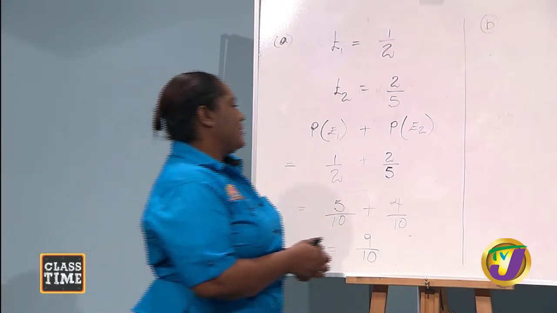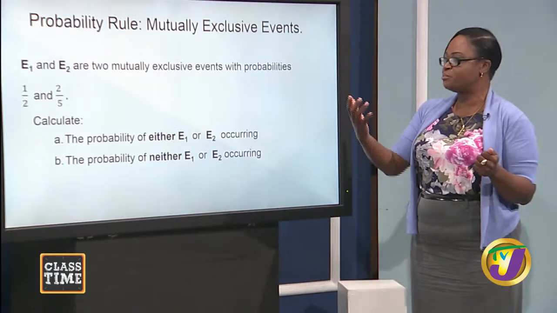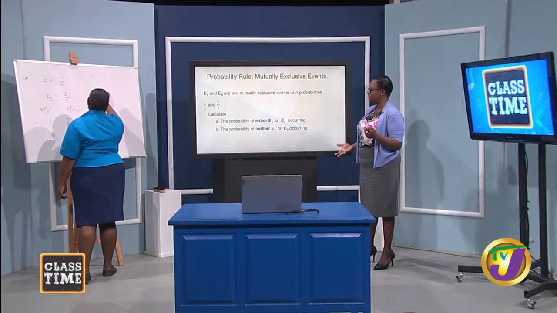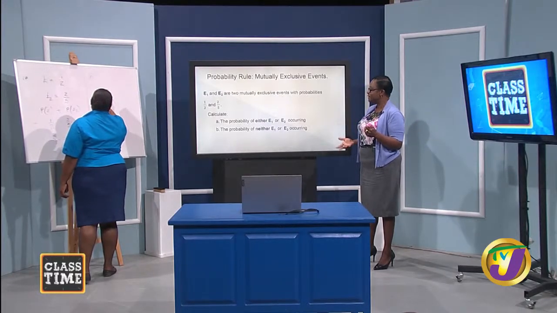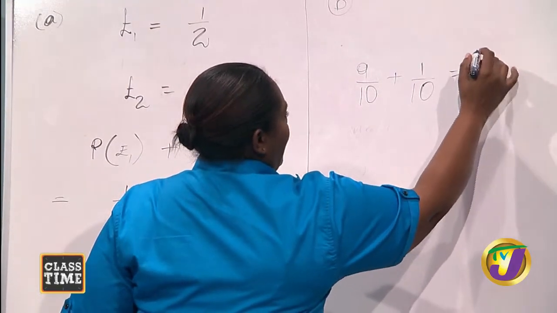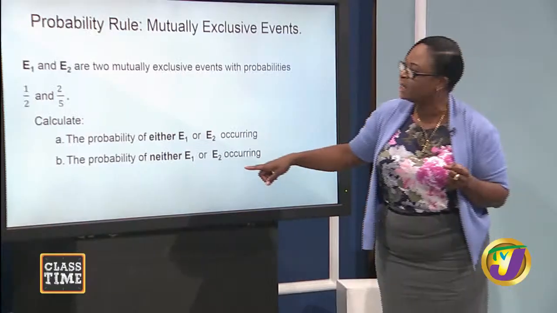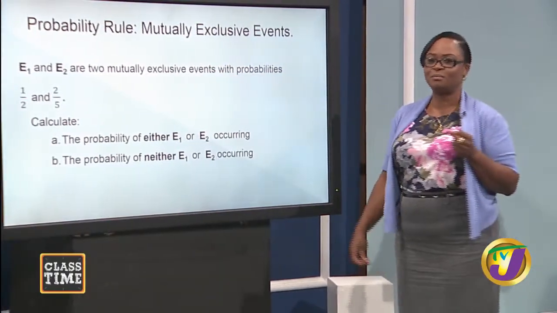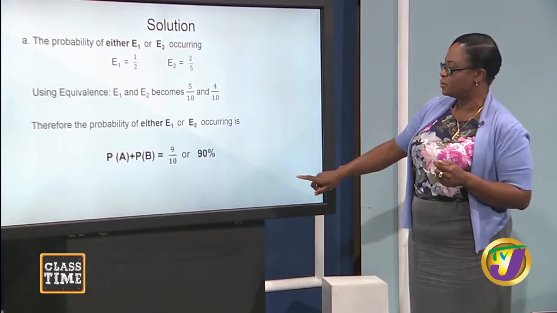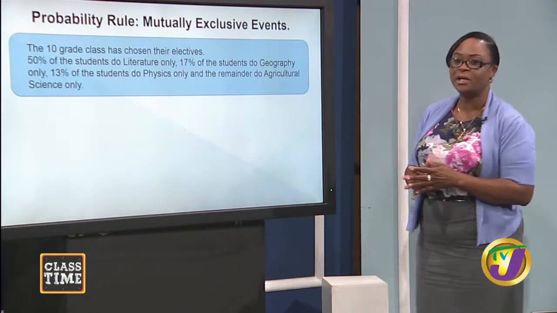If I have 9/10, what do I add to 9/10 to make it one whole? 9/10 added to 1/10 will give us 10/10 or one whole. Therefore, the probability of neither event 1 nor event 2 occurring is 1/10. Awesome. And of course, this is what you had on the solution set expressed earlier.